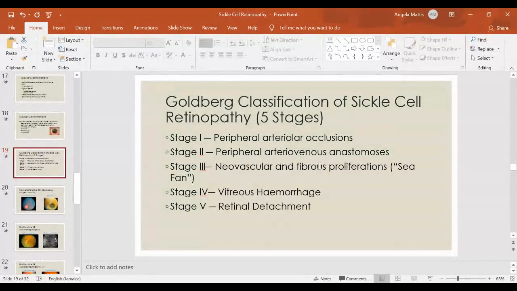Stage 2, where you have peripheral arteriovenous anastomoses. And in stage 3, there's neovascular and fibrous proliferations. We call them the CFAN. Stage 4, you get the complication of a vitreous hemorrhage, and stage 5, there's a retinal detachment. So this is well known, well written, and these are the stages.